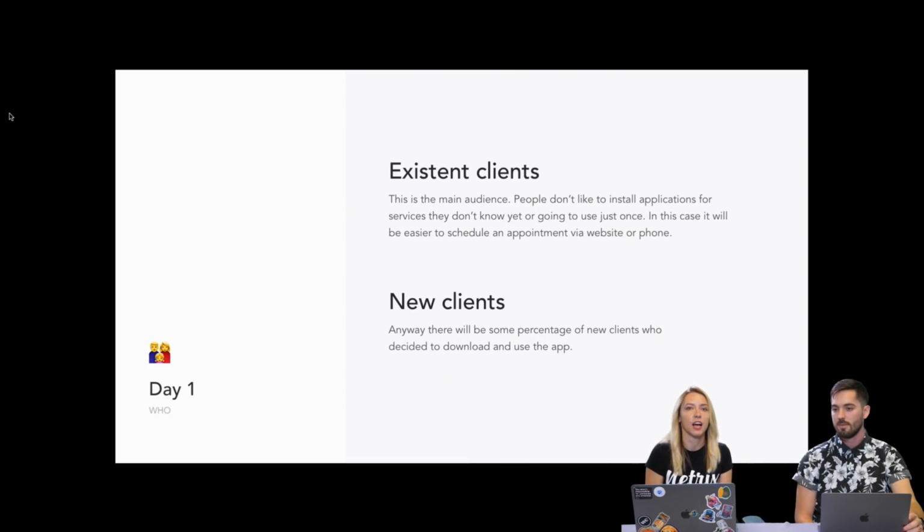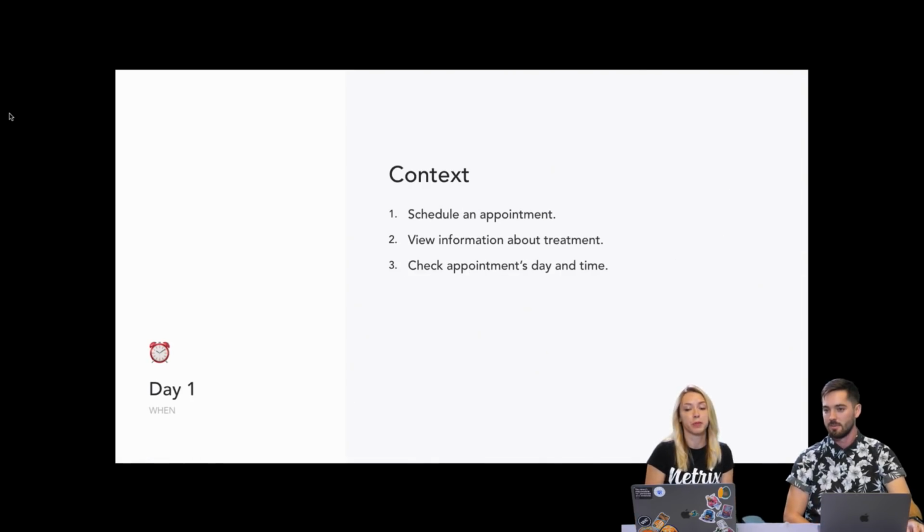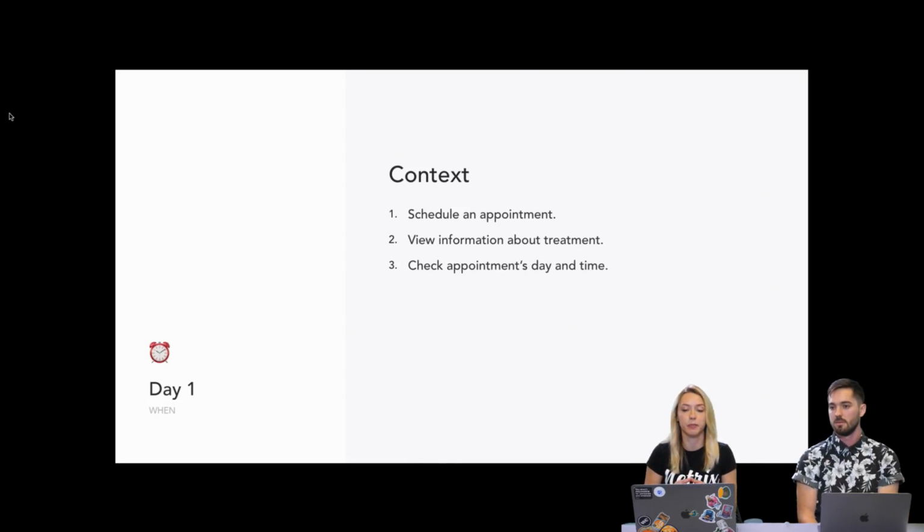And if it was a real project, it simplifies our life because we already know a list of our potential users who we can invite for an interview or usability testing. Yep. And people may use this application to schedule an appointment, view information about treatment, and maybe check information like day and time.